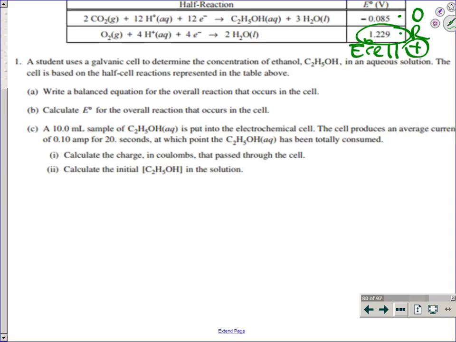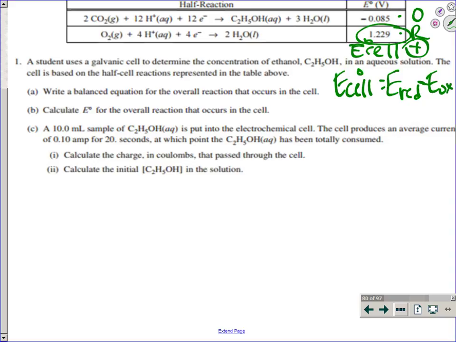So when you calculate E cell, you do E red, which is the reduced half reaction, minus E ox, which is the oxidation half reaction. But I taught you never to flip the signs because this negative actually is us flipping it. It's just we use the equation instead of doing the flip.